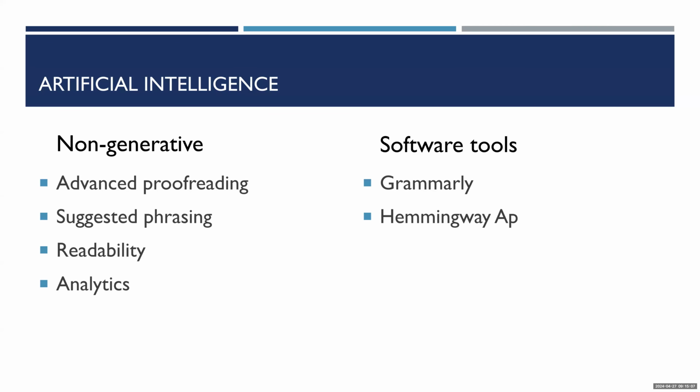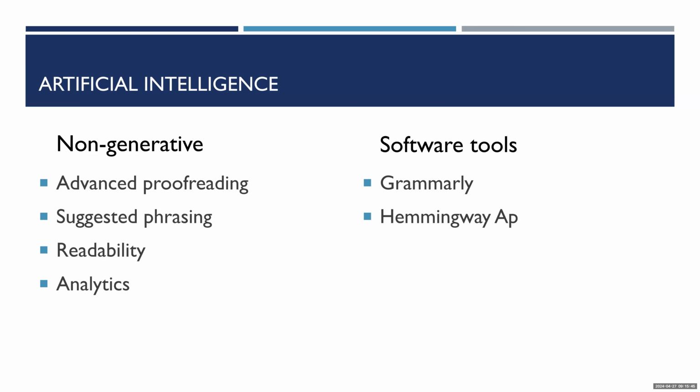They can look at the readability of your content and provide analytics on different types of writing that are being used. So when you're looking to do technical writing and you're wanting to make sure that you use an academic voice and that all of your grammar and punctuation is in accordance with a technical writing voice, as we discussed in chapter 1, tools like Grammarly or Hemingway app can be very, very helpful. Both of these have free versions available, and Grammarly can actually be added as an extension into Microsoft Office materials.